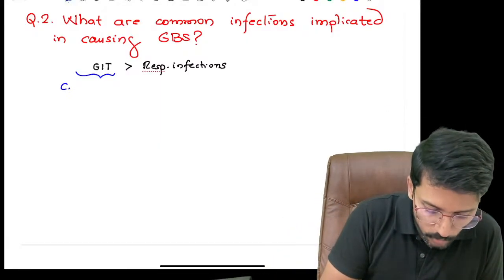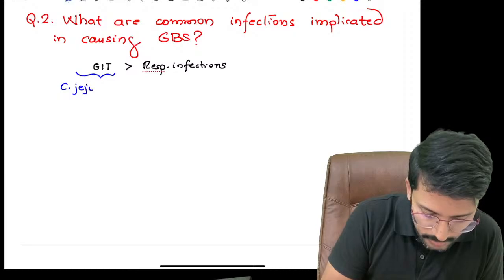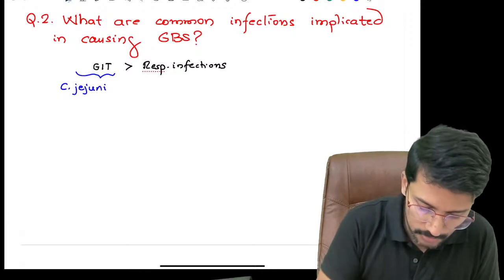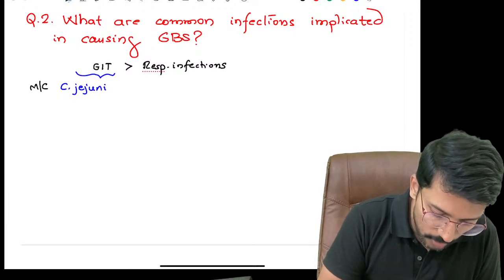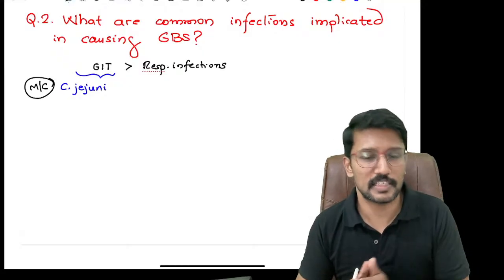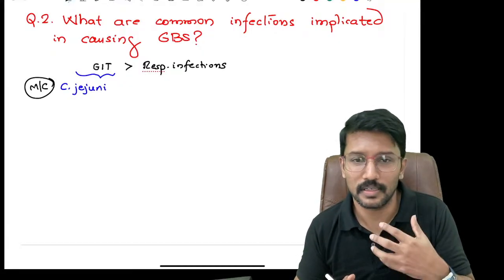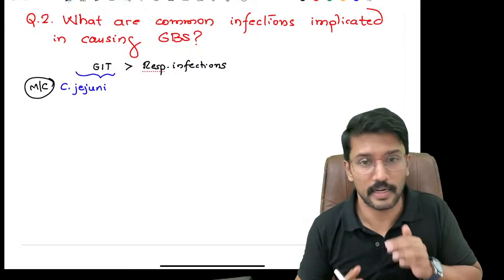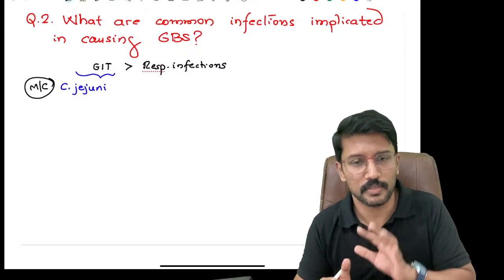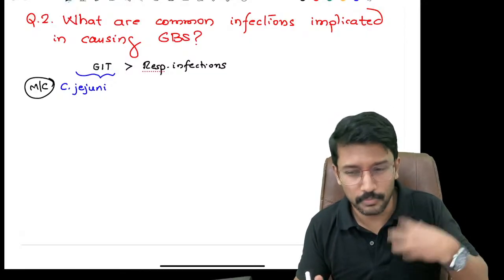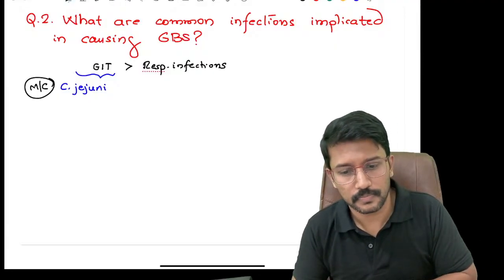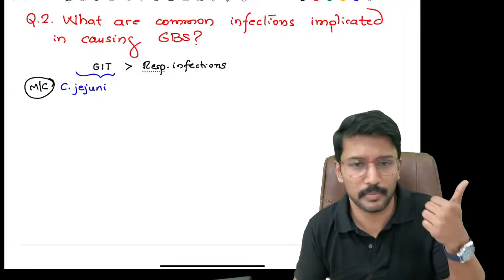So, Campylobacter jejuni is the most common infection responsible for initiating the pathological events responsible for GB syndrome. Can anybody tell me how this Campylobacter jejuni infection is usually acquired by humans? What is the most common method by which we get this infection? Absolutely right.